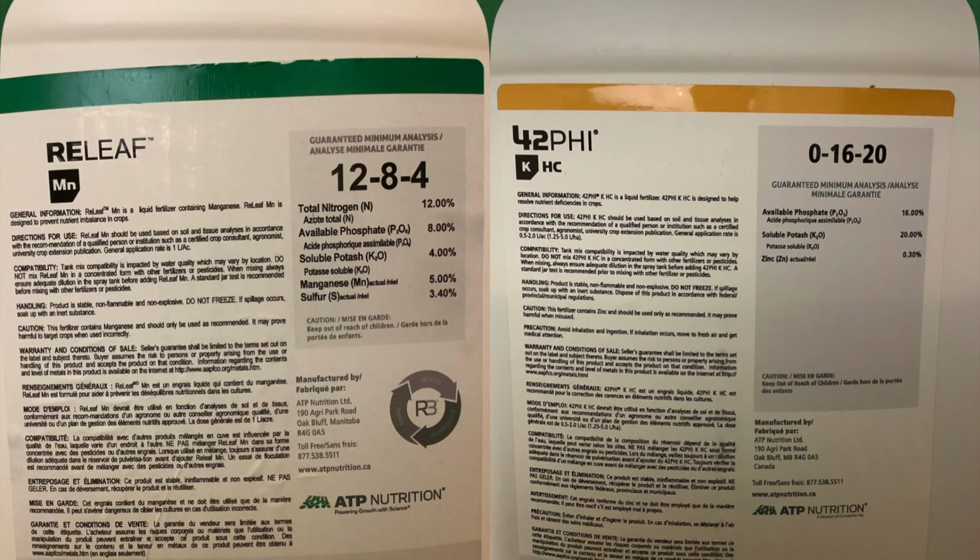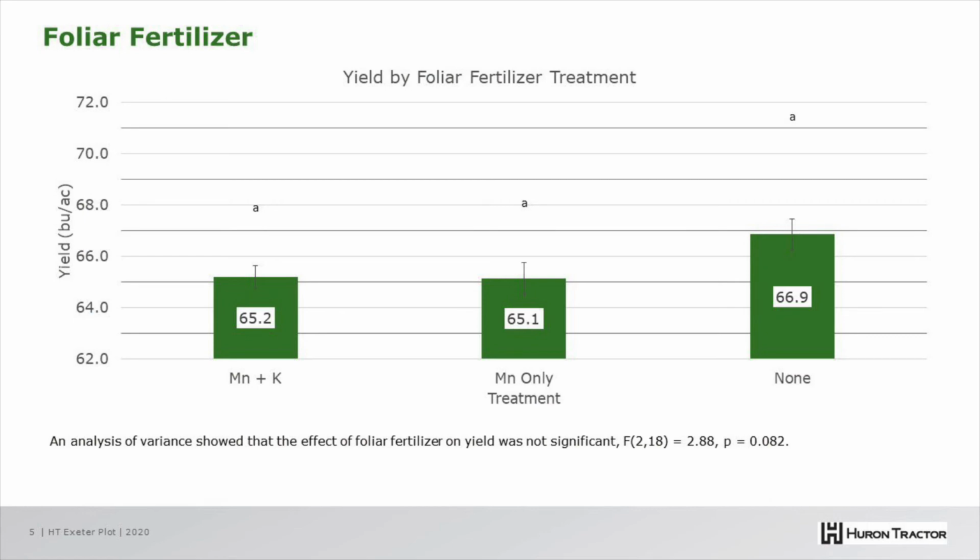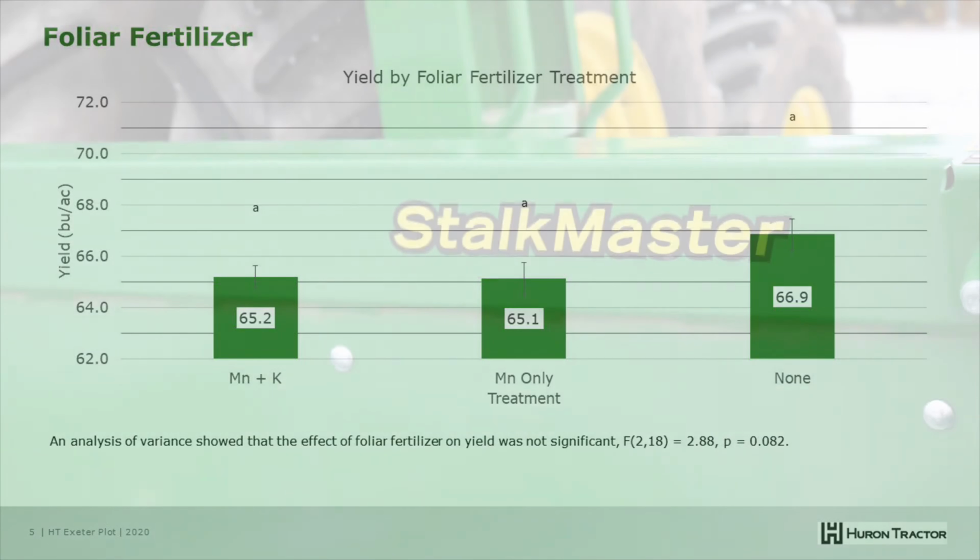At V4, Relief MN was applied to the soybeans. Following that, at R1, 4 to 5K was then applied to the soybeans. The results of this trial indicated that there was no benefit to these foliar fertilizer applications. In fact, there was a lower yield on those portions of the field.